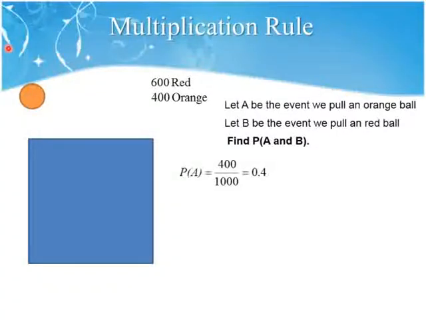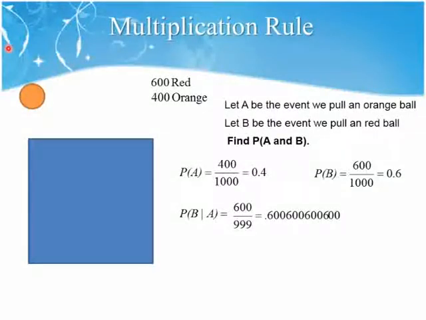Suppose A occurred. The probability that A occurs is just 400 out of 1,000, because there are 1,000 balls in there and 400 of them are orange. So the probability of A is 0.4. The probability of B is 0.6. However, since we're pulling the ball out without replacement, the probability of B, given that A has occurred, is 600 divided by 999, since there are still 600 red balls in, but only 999 total balls in the box.